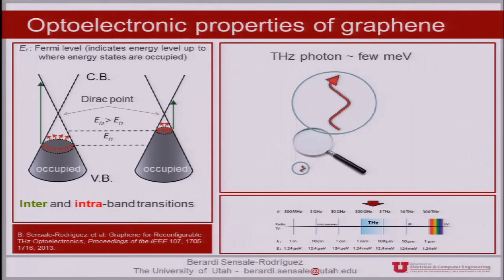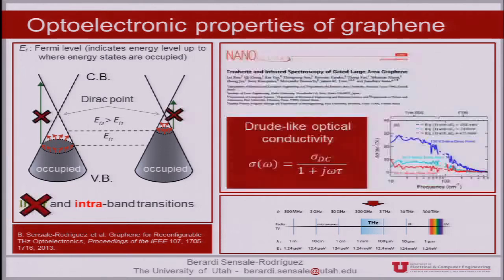The energy normally required for an interband transition is on the order of hundreds of millielectron volts. So if we are normally far from the Dirac point, interband transitions are not significant, and the terahertz optical conductivity is only ruled by the contribution of intraband transitions.